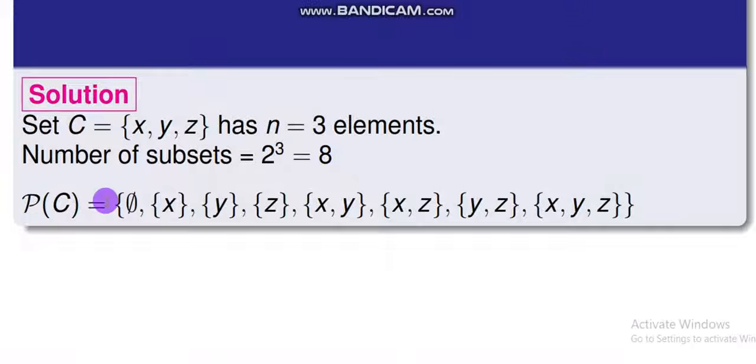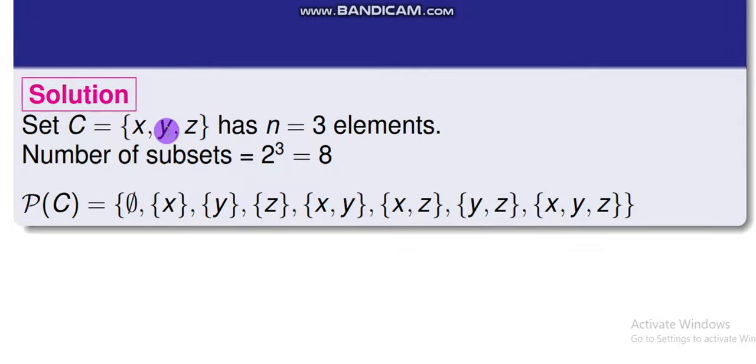You should always remember that the first subset is the empty set. The second one is a set that has only one element, X. The third one has Y only, then Z only.